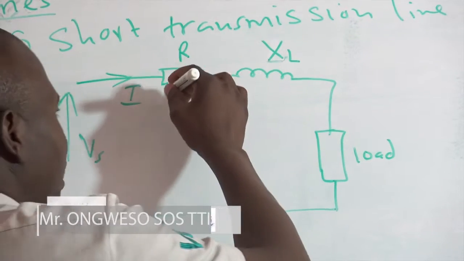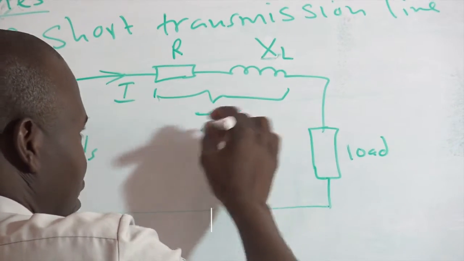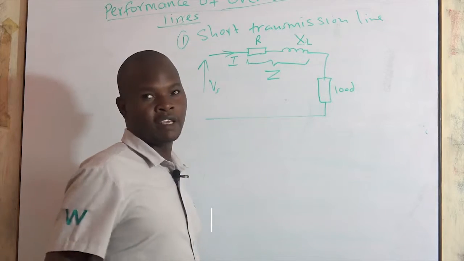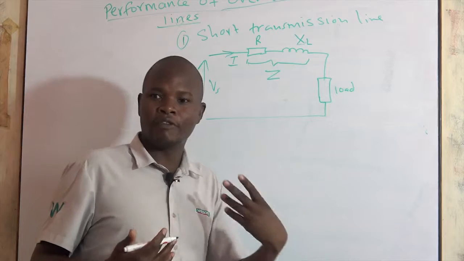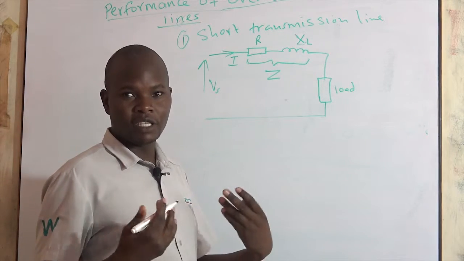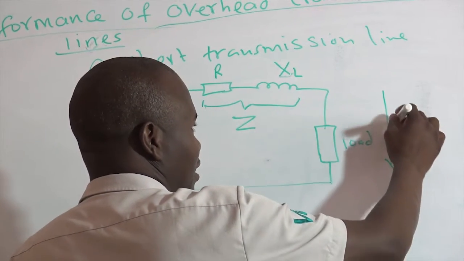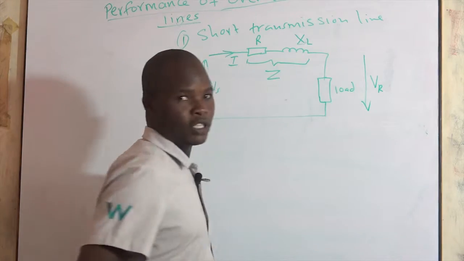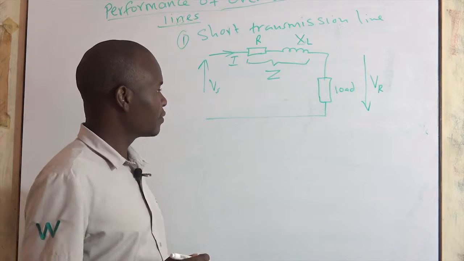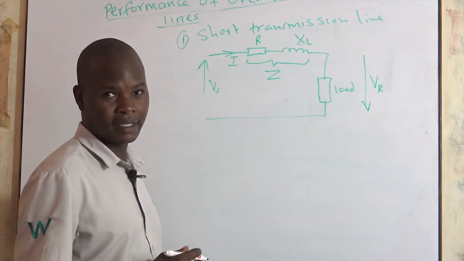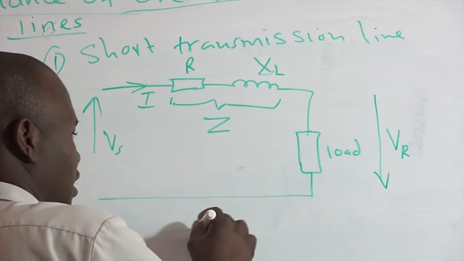In between we have the impedance Z. The summation of these two gives us the impedance Z, and under this impedance we have a voltage drop. At the end here, we have the receiving end voltage, VR. Using this circuit, we can come up with what we call the phasor diagram.